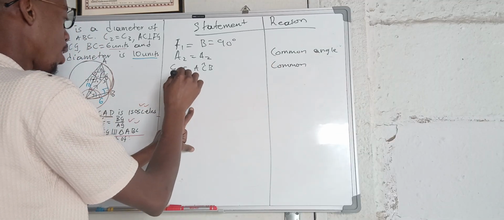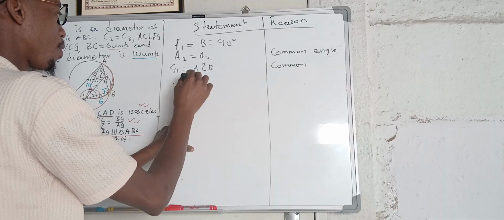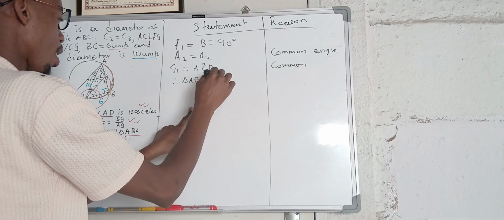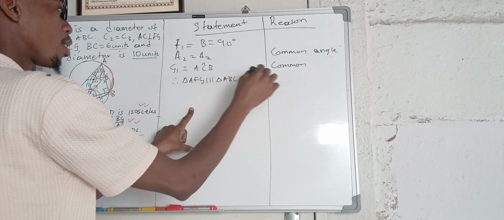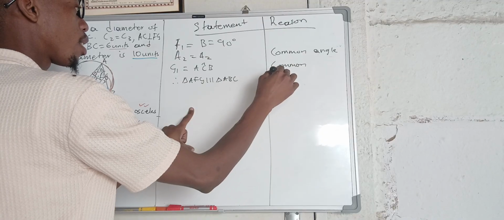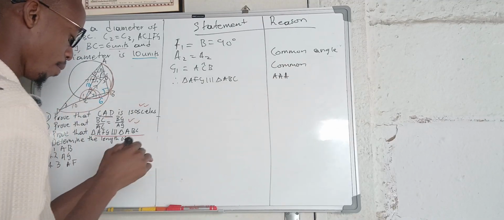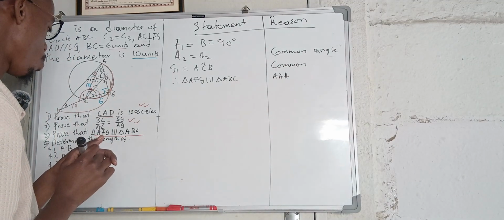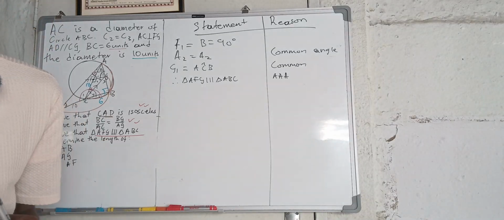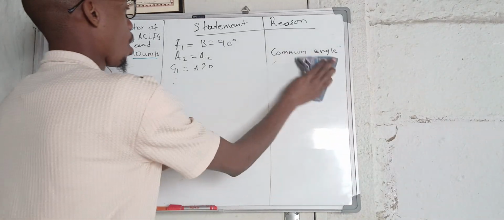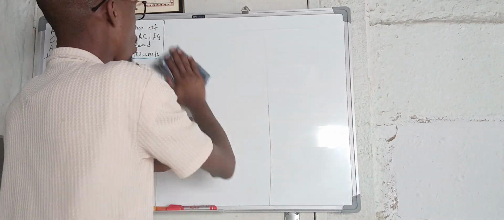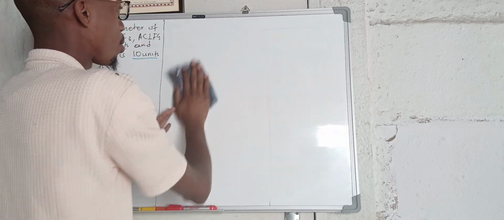Therefore, triangle AFG is similar to triangle ABC. Reason is angle, angle, angle. Beautiful. Let's proceed.